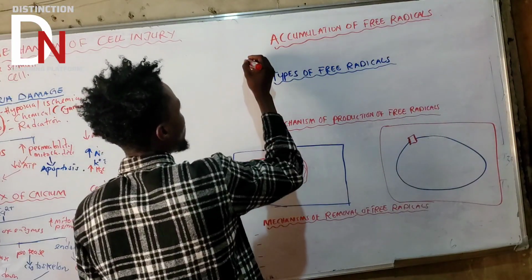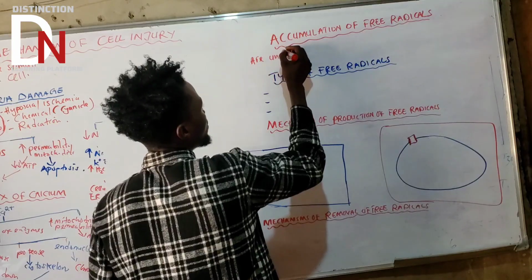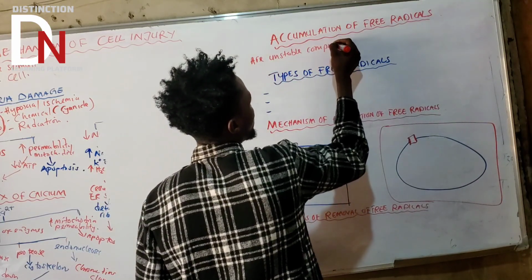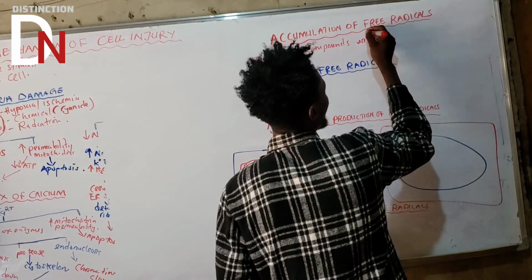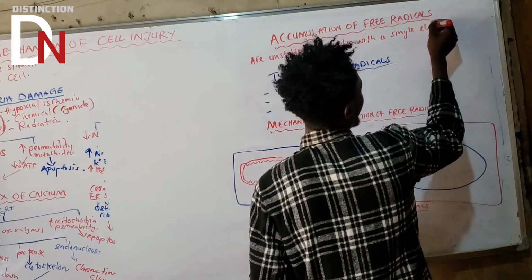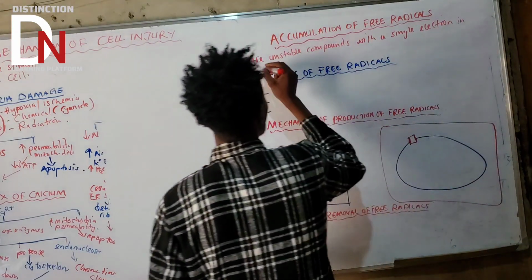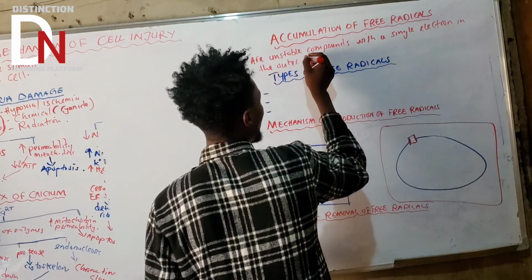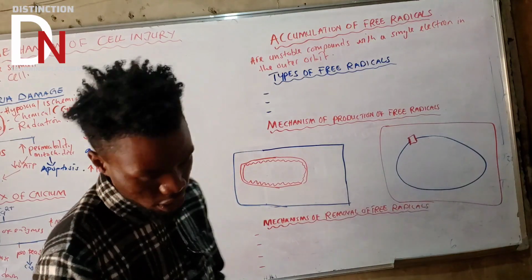Free radicals are unstable compounds with a single electron in the outer shell or orbit. Very, very important definition.